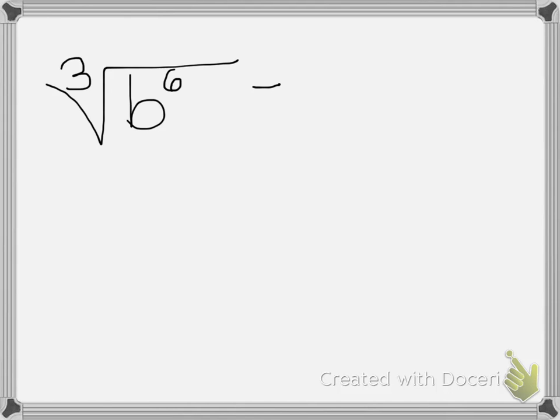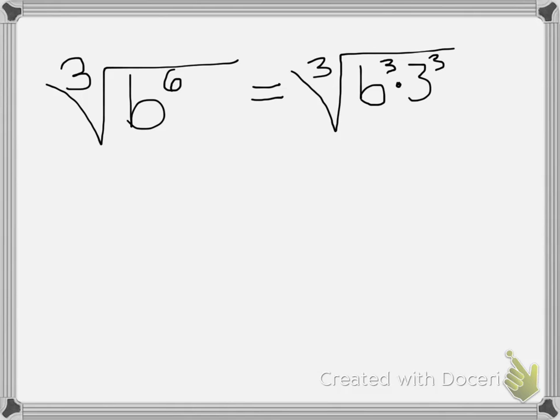So let's try this one. How about if you have the cube root of b to the 6th power? Well, think about b to the 6th power. Think back to your exponents in chapter 12, I think it was. We know that b cubed times b cubed is the same as b to the 6th power.